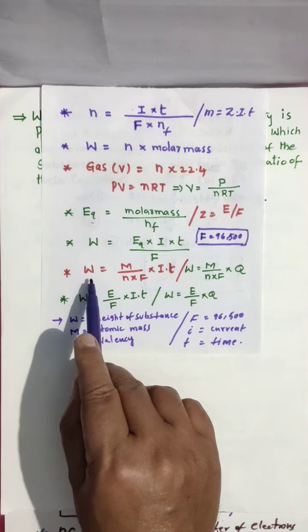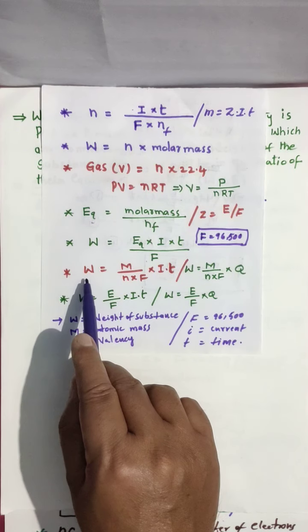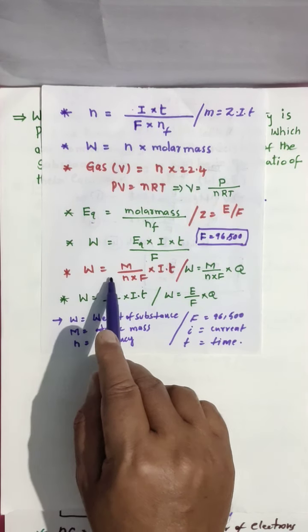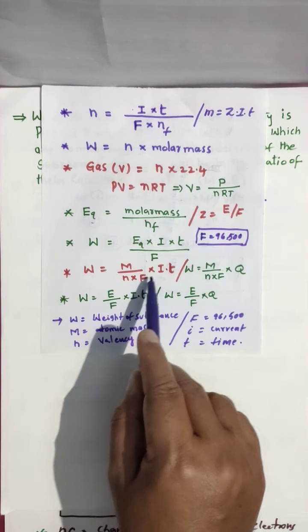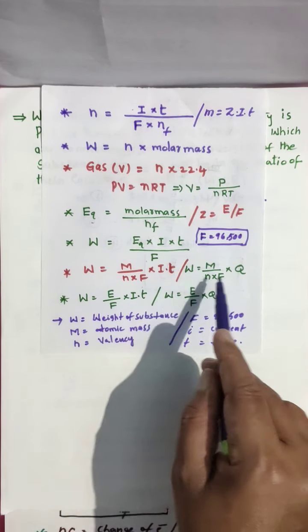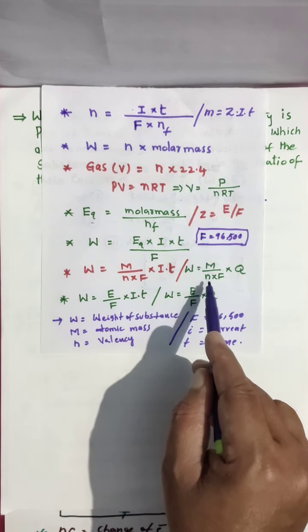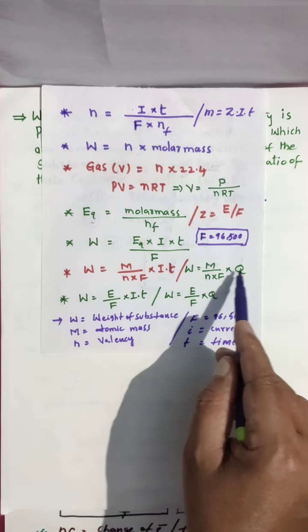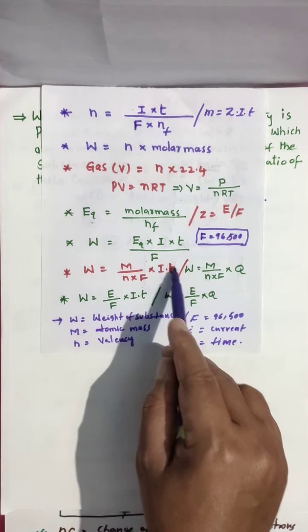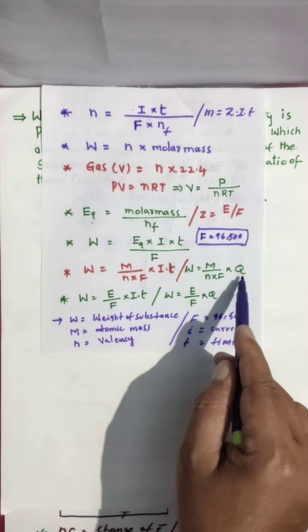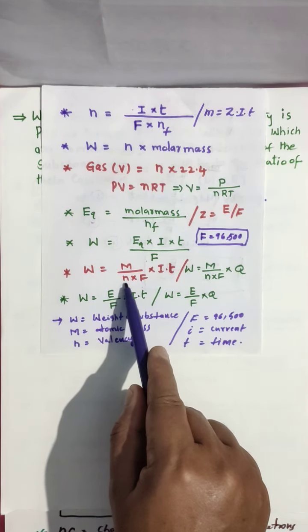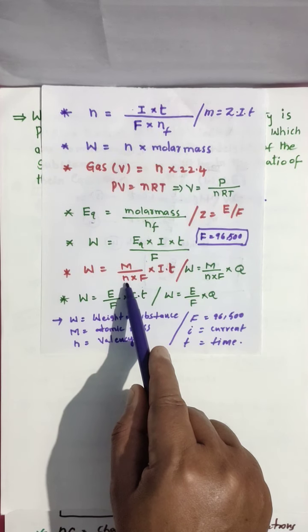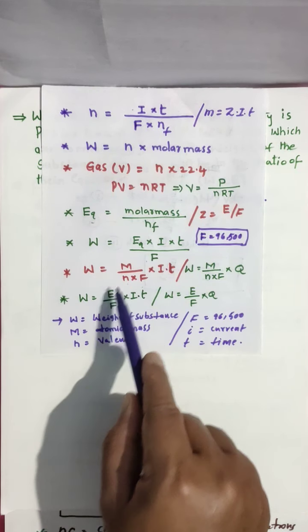Another formula: W, the weight of the substance deposited, equals atomic weight by n, where n is the valency, into Faraday into IT, or W equal to M by nF into Q. Here Q equals IT, so I substituted IT with Q. Here n is not the number of moles; n is the valency of the element.